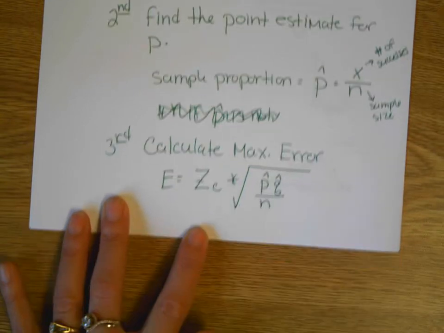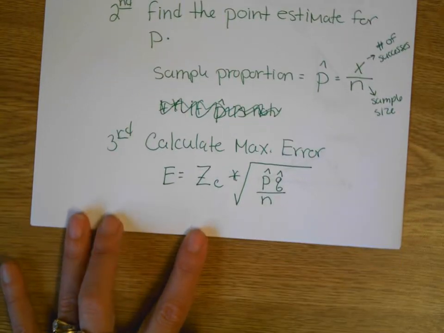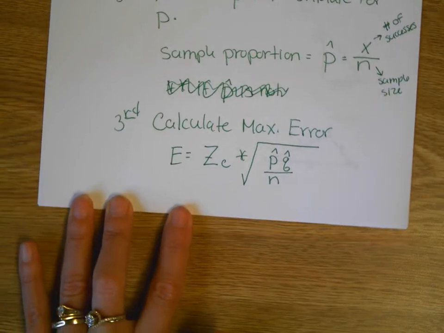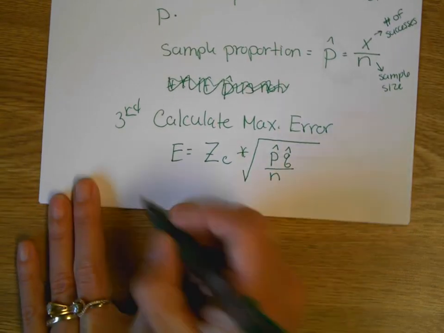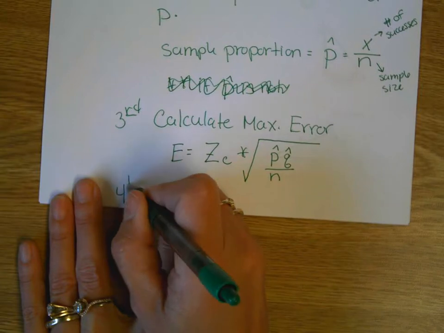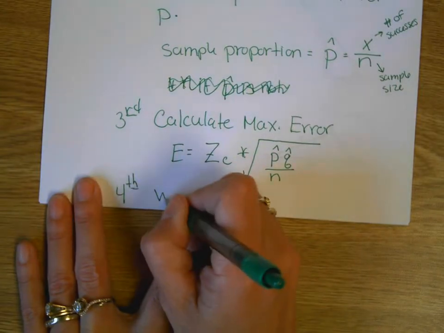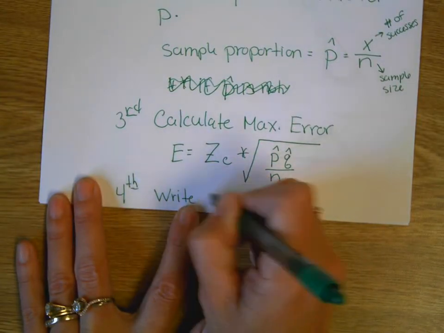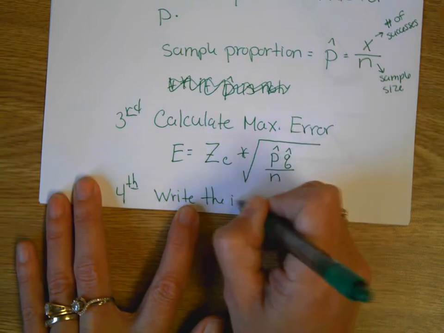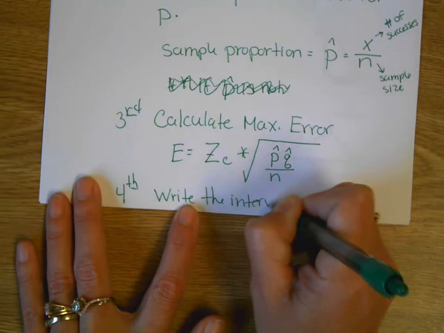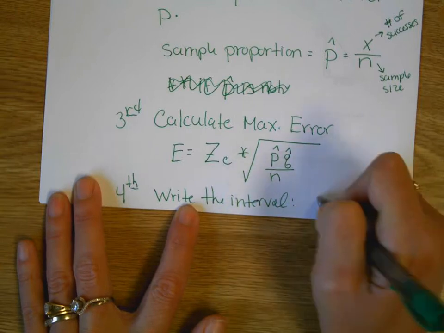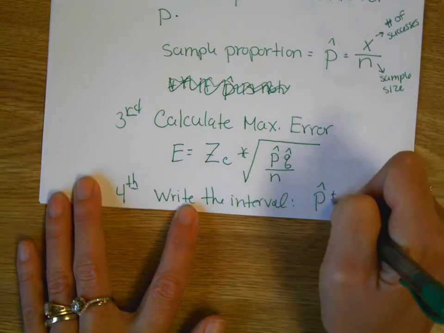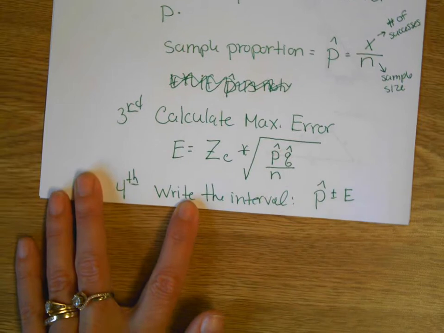And that whole fraction is under the square root. And then your 4th step is to write the interval. So that will be p hat plus and minus your big E that you found in step 3.